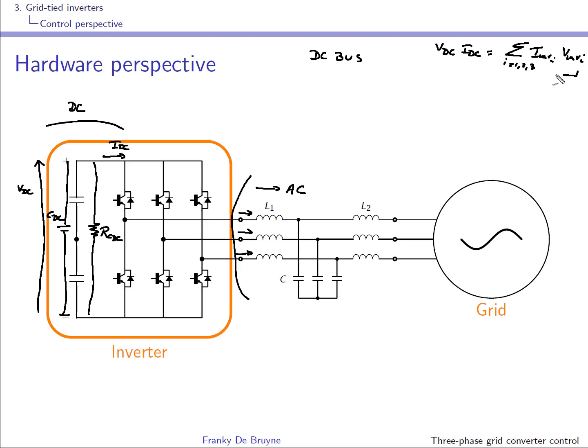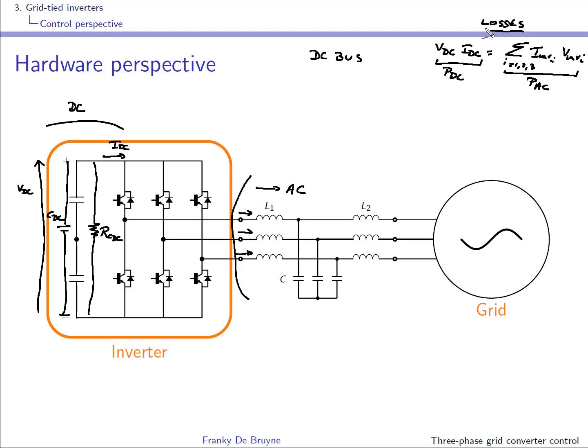This is the power on the AC side, and this is the power on the DC side. What we assume is that there are no losses. This is of course an approximation that we make to obtain a model.